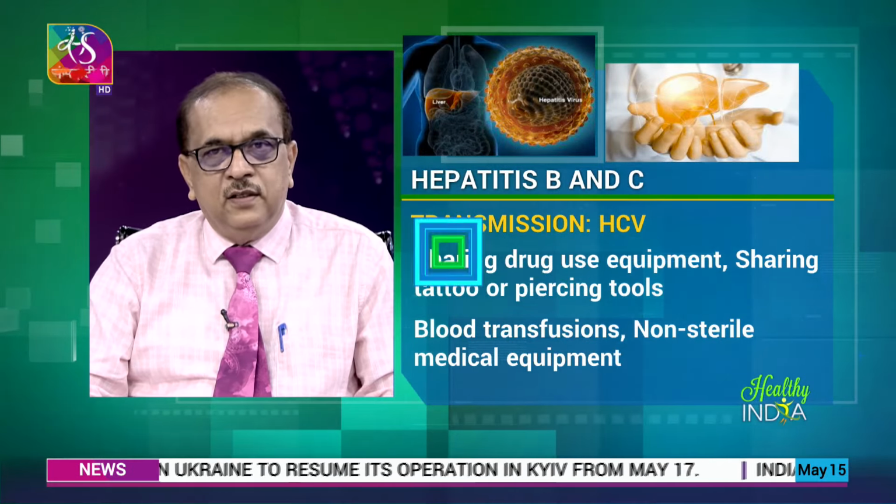There are several surveys which have demonstrated that it is unsafe injection practices which are spreading these viruses, particularly in Punjab that we have seen, and in other states also. What you call the quacks. You go for pain, they give you an injection. If you go for fever, they will give you an injection. And more importantly, they don't change the syringes.